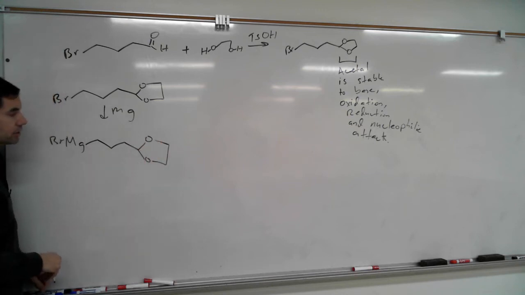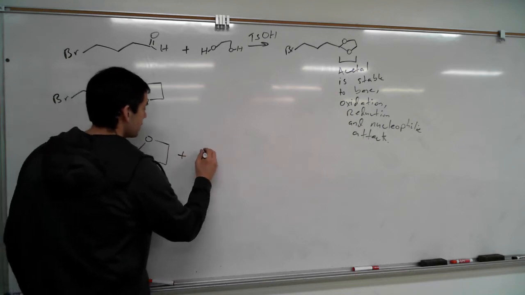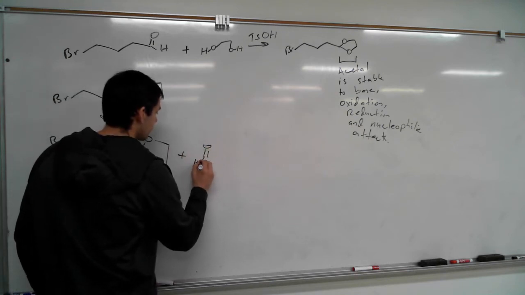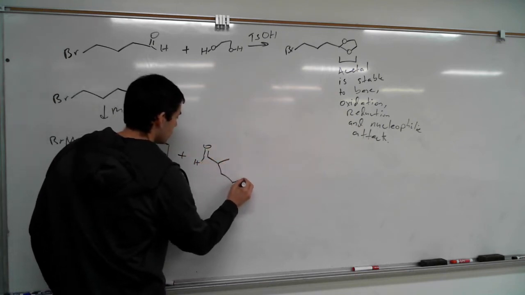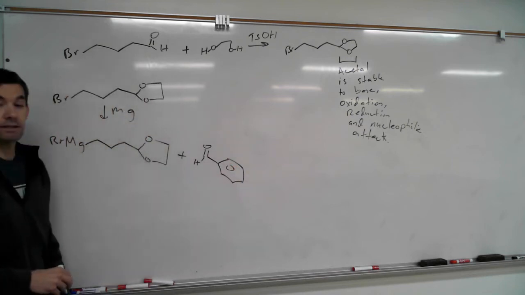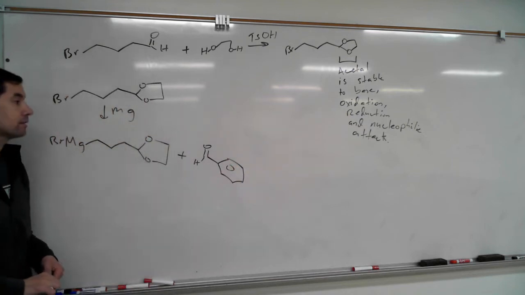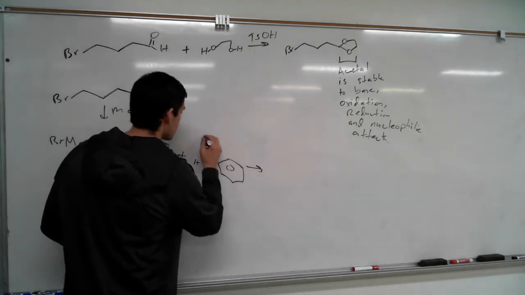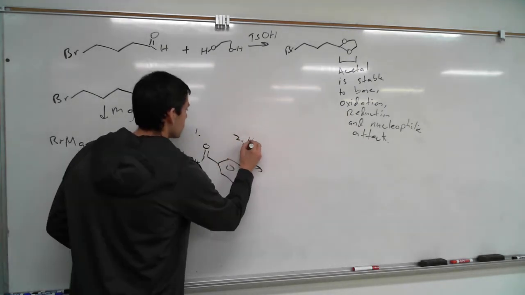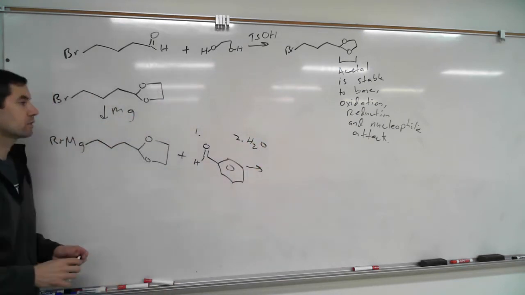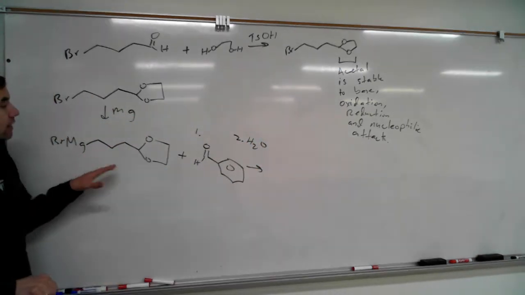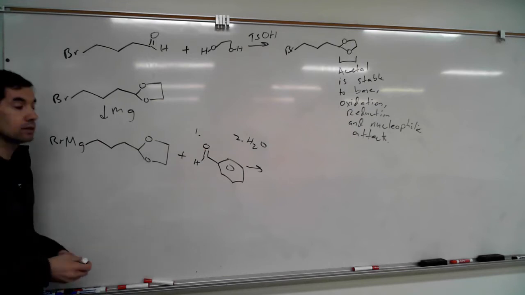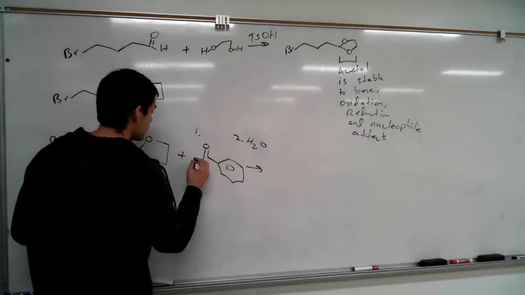Then we make our Grignard reagent, and now I can go ahead and add in some type of carbonyl here. That's the first step. Second step is going to be addition of water. We already talked about how this can work: our Grignard reagent can react with our carbonyl, shown here, again with another aldehyde.